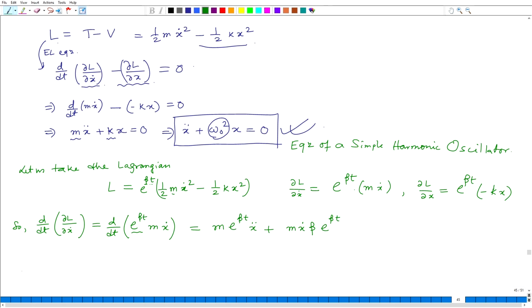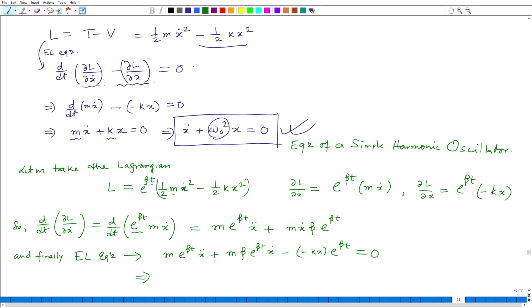Okay. Yes, I think this is correct. And finally, the Euler-Lagrange equation gives this: m e to the beta t x double dot plus m beta e to the beta t x dot minus of minus k x times e to the beta t is equal to 0.